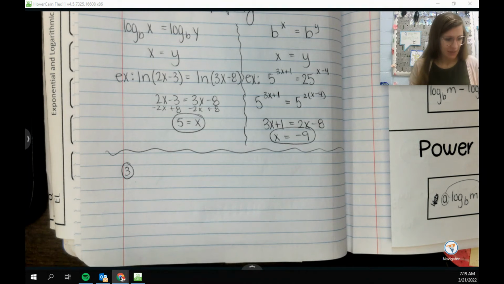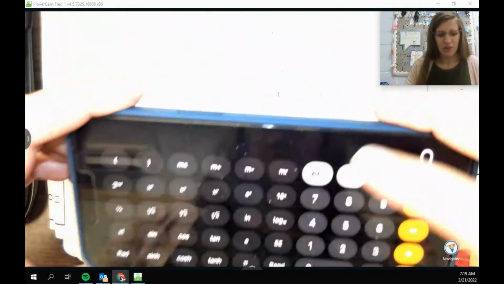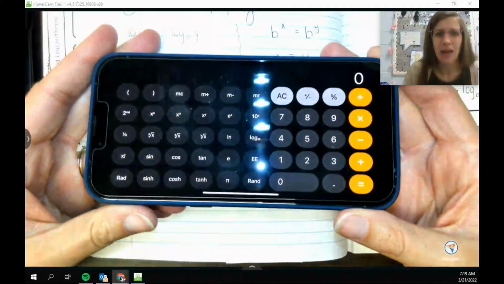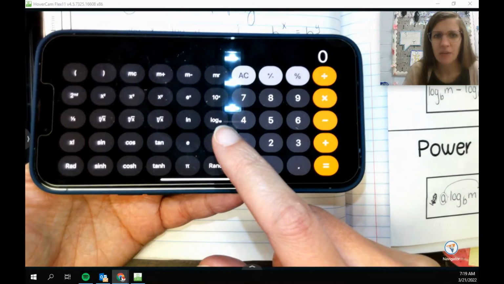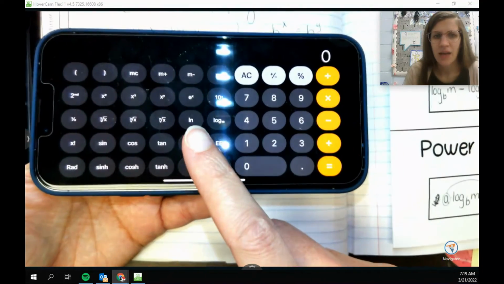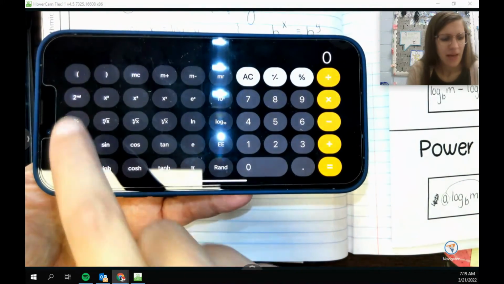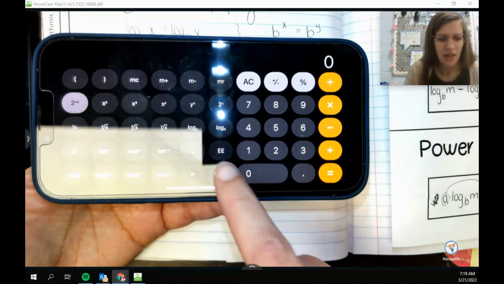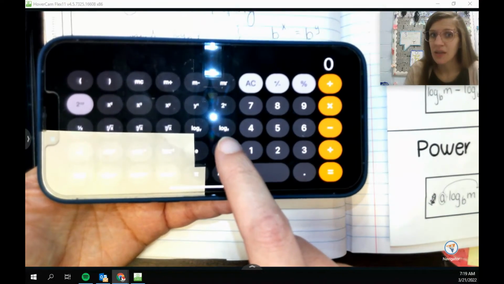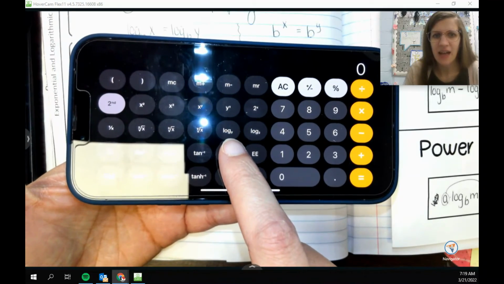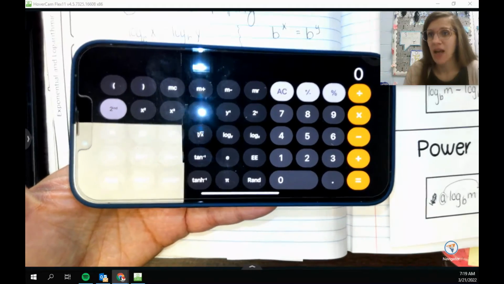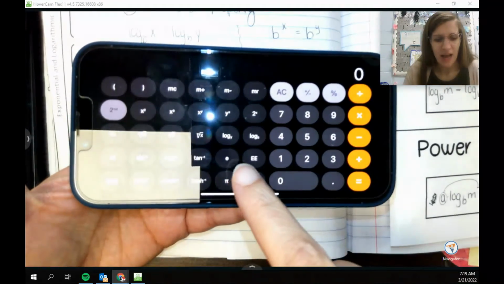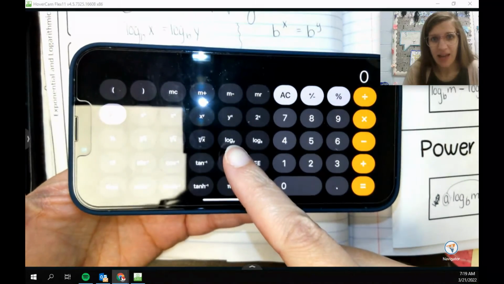In fact, probably your Android, because definitely my iPhone has this capability to change the base. On my iPhone here, right now, I only see log base 10 and natural log. But if I hit second, I have log base 2. And right next to that, I have log base y. So if I was trying to do log base 3 of 9, which I know is 2, and I needed a base 3, my calculator can do that.